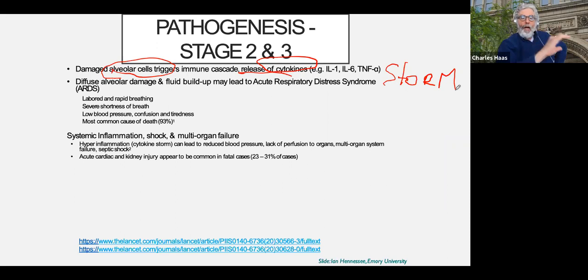So you can get damage to the alveoli themselves, accumulation of fluid, sepsis, low blood pressure, and this results in the most common cause of death, acute respiratory distress syndrome. Other organ damage can occur because of the cytokine storm. There's been suggestion of cardiac and kidney injury, and a large level of inflammation throughout the body.